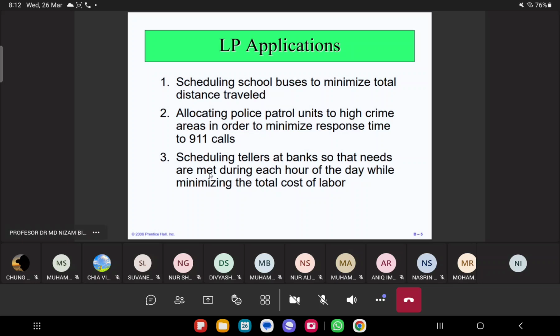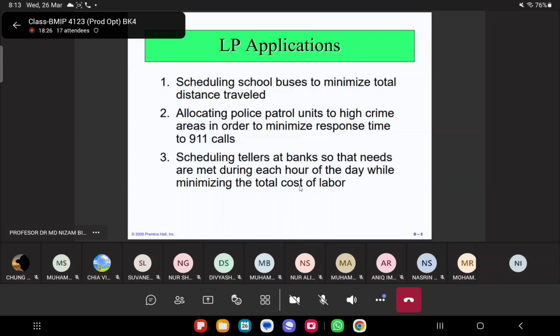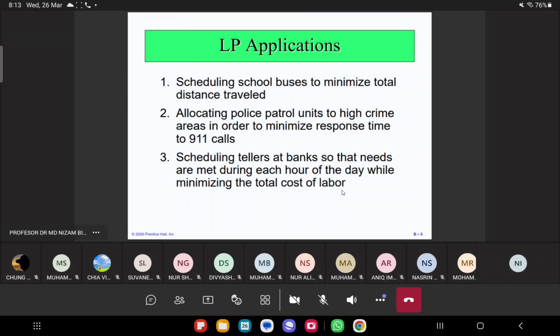Another example of application is scheduling tellers at banks so that needs are met during each hour of the day while minimizing the total cost of labor. This is a situation if you are a manager at a bank and you run the operations of that bank, and you have to decide how many tellers you need to open at given hours.